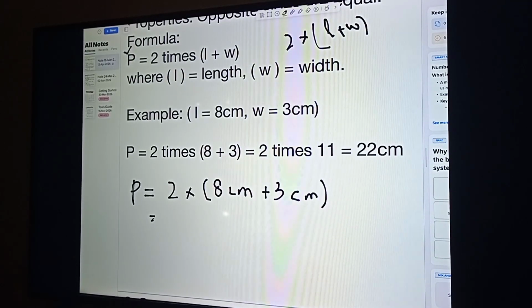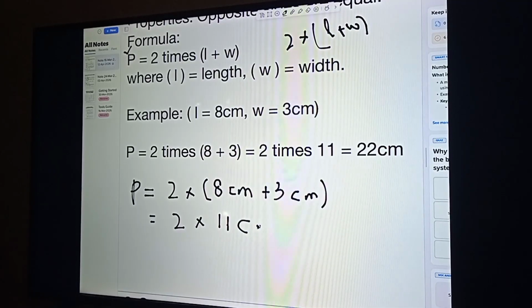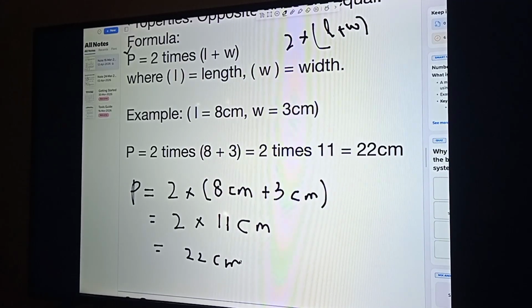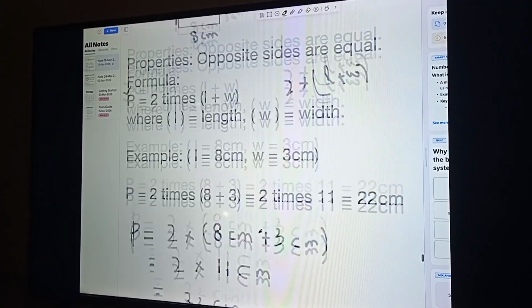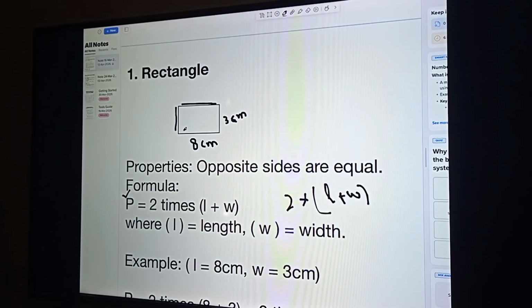So this is equal to 2 into (8 centimeter plus 3 centimeter), which is 11 centimeter, and 11 multiplied by 2 is 22 centimeter. Therefore, the perimeter of this rectangle is 22 centimeter.